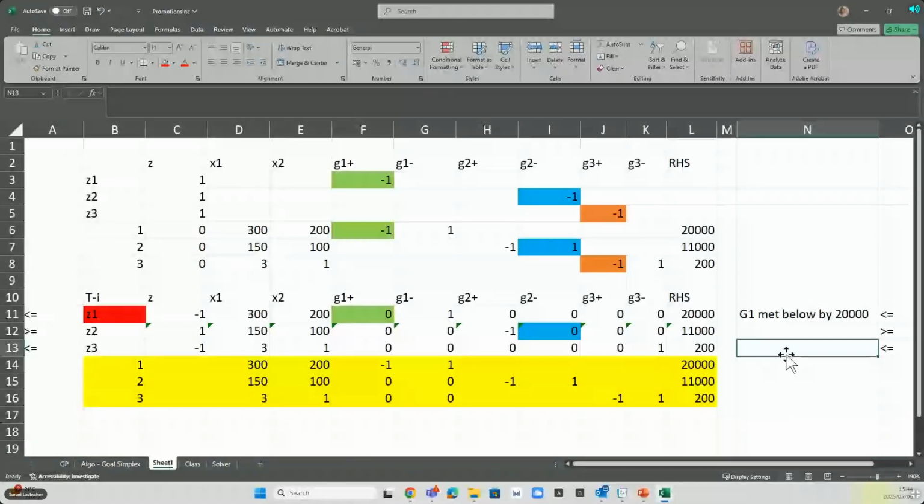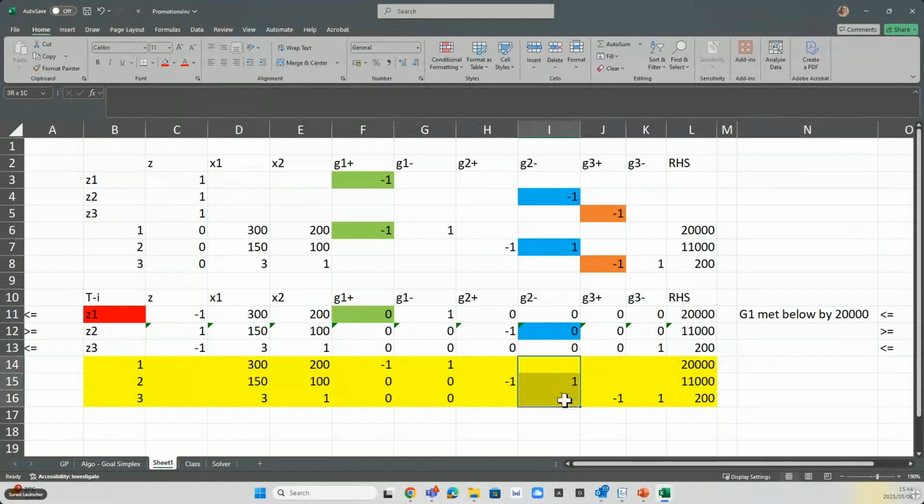Okay, so meaning at this table, what is happening with goal 2? Yes, goal 2 is under, not met.